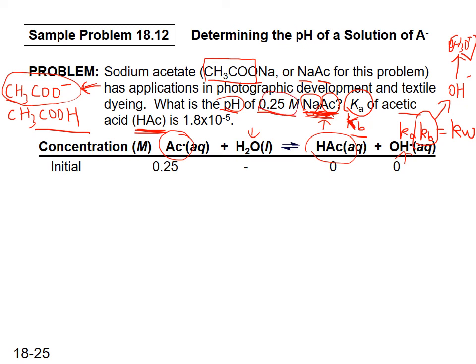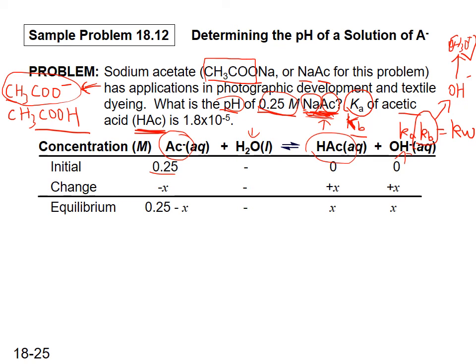So the salt all becomes anion and sodium ion, but here we only need the anion, 0.25 molarity. Then the change, the equilibrium. In order to use this table to solve for X, we need to know Kb, and Kb is calculated by Kw divided by Ka. So plug in, we get Kb.